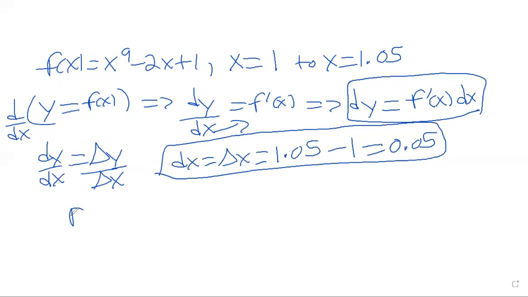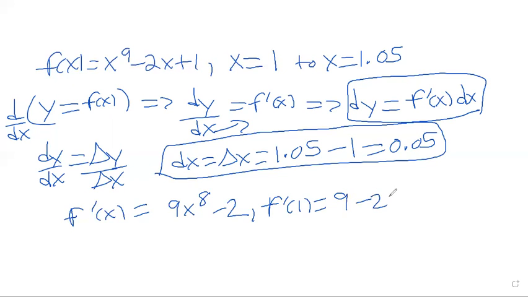We know f of x is x to the ninth minus 2x plus 1, so f prime of x is 9x to the eighth minus 2. Now plug in 1: f prime of 1 is 9 minus 2, which is 7.